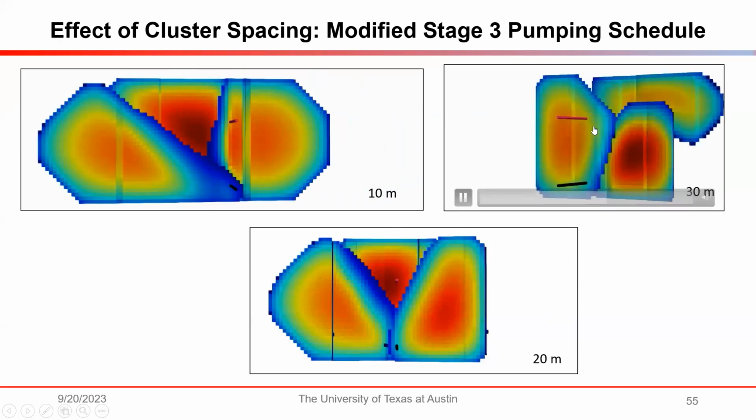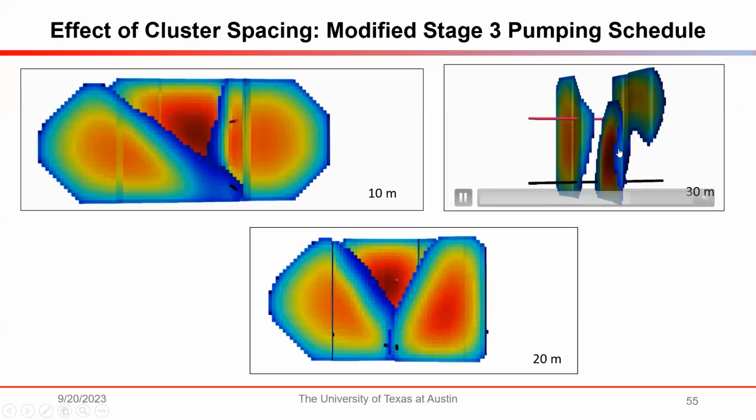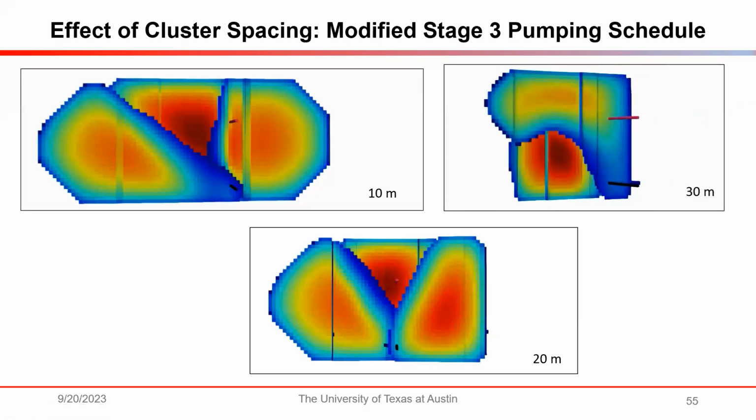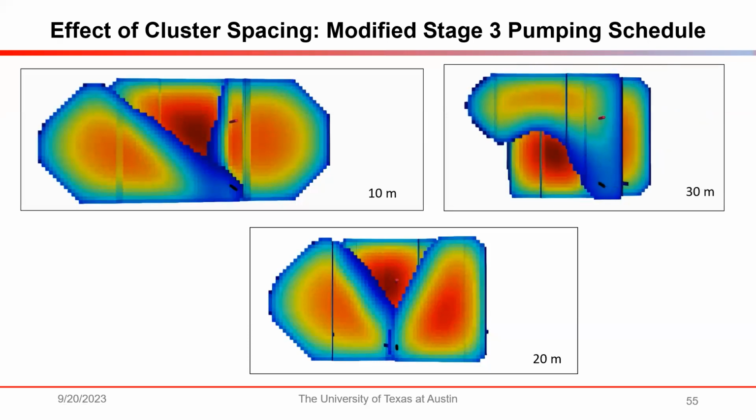You see 2 of the fractures intersecting. The third one doesn't quite intersect the 16B well. So you do get more intersections, but of course, with 30-meter spacing, you get fewer fractures overall connecting the 2 wellbores because the spacing between the clusters is more. So this doesn't really solve the problem.